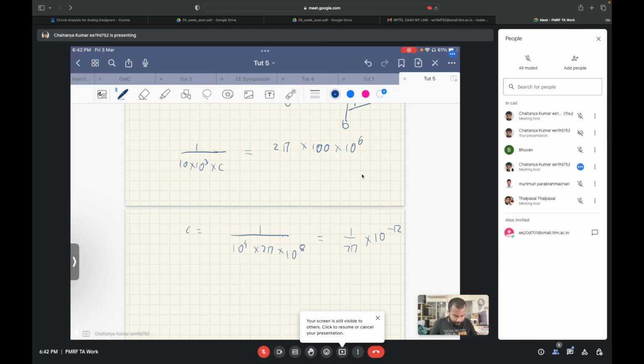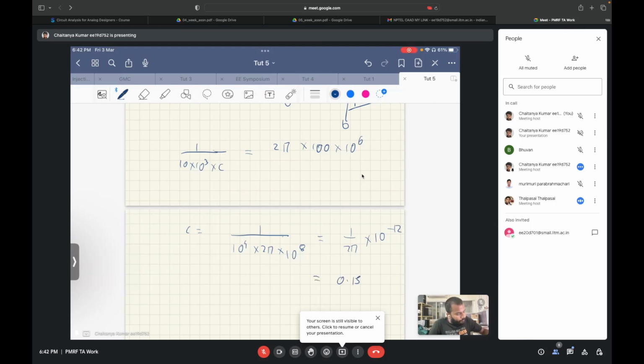And what is 1 upon 2 pi? 0.159 picofarad, sir. 0.159 picofarads.